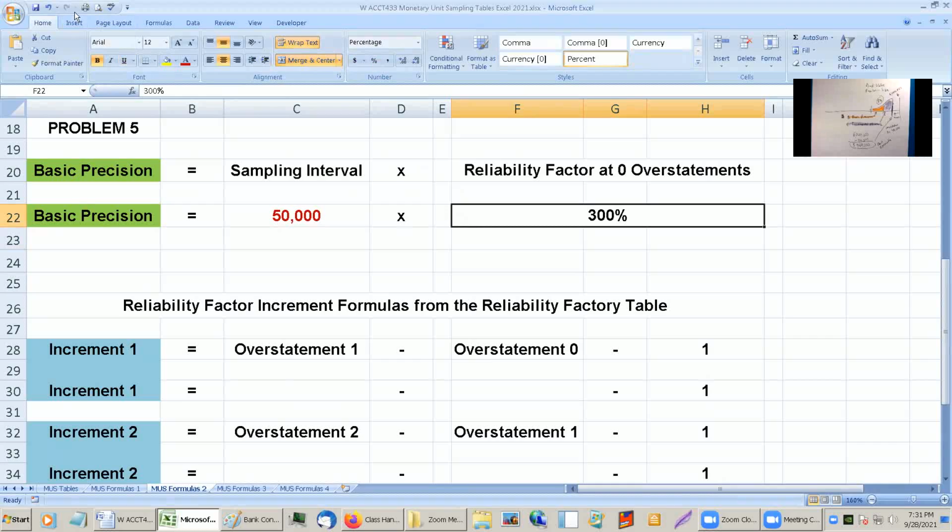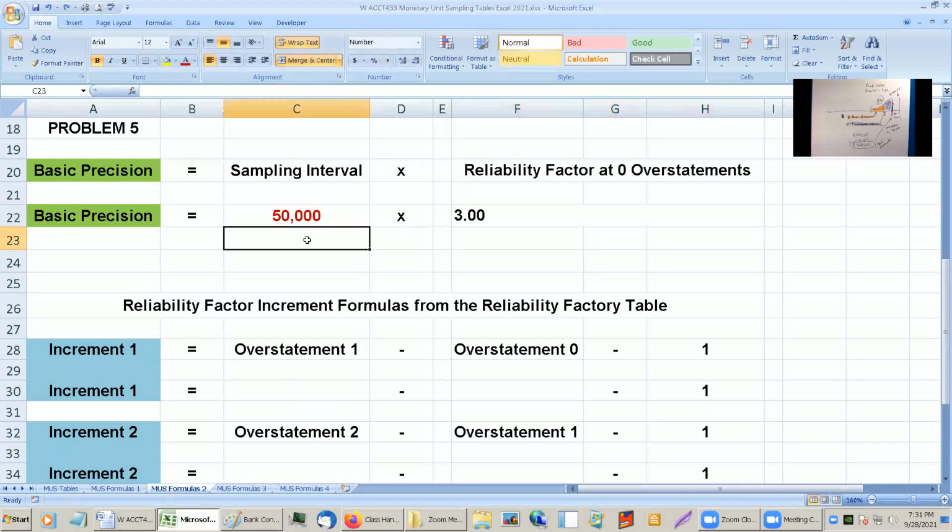So our basic precision equals what? 150,000? Yeah, that's right.